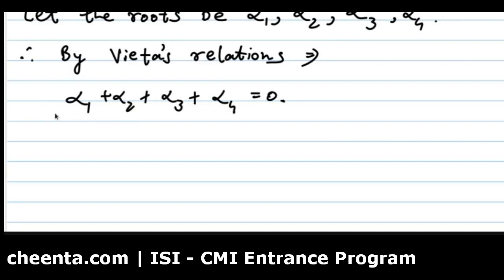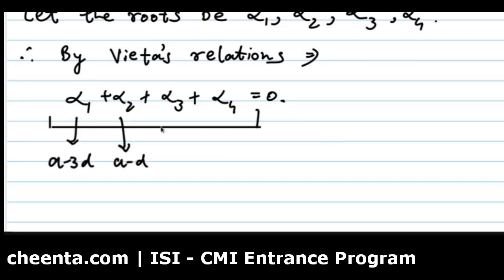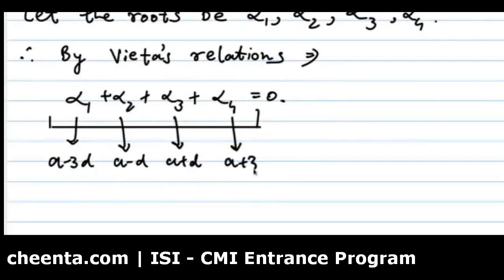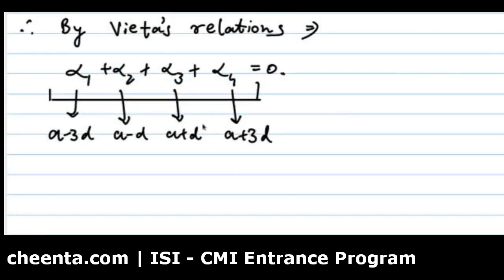The best way to choose this AP is if we take a minus 3d, a minus d, a plus d, a plus 3d, because this is symmetric with respect to d, and the d's will cancel out when we add them. This is the optimal AP to assume.